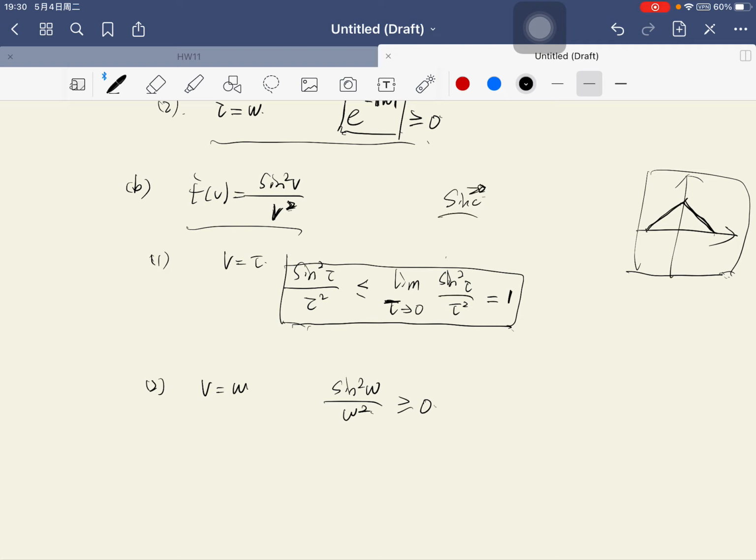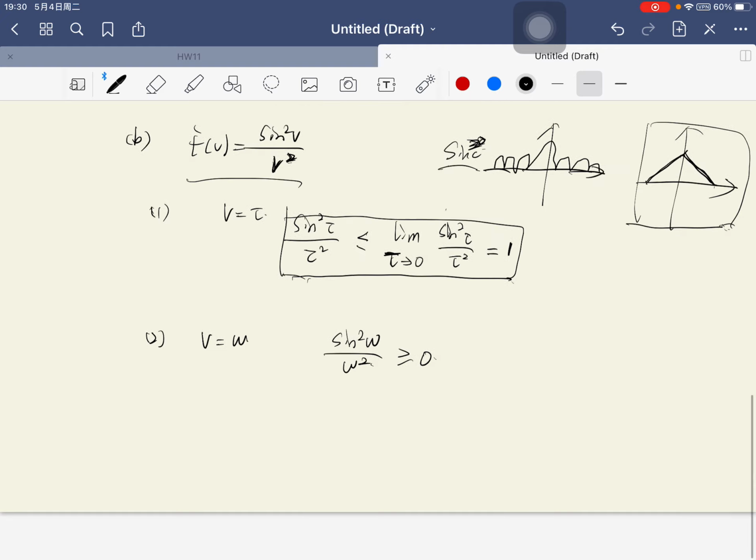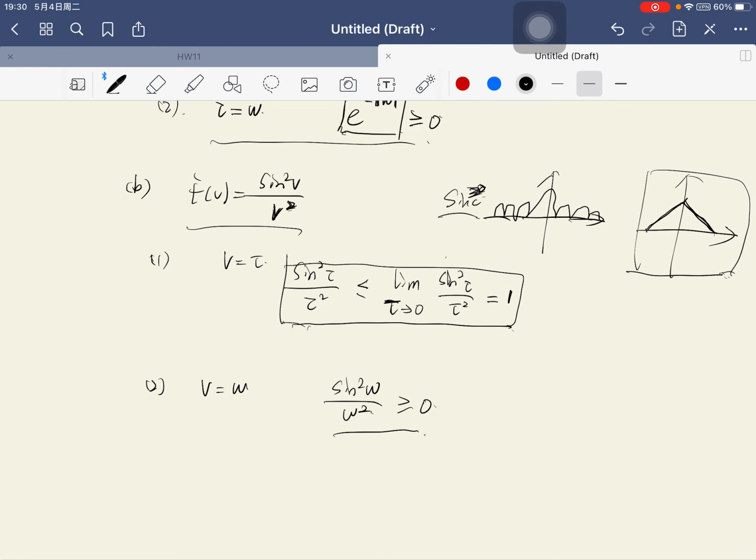The sinc function is this, and so the sinc squared is this graph, and so it is non-negative, and it could represent the power spectral density function.